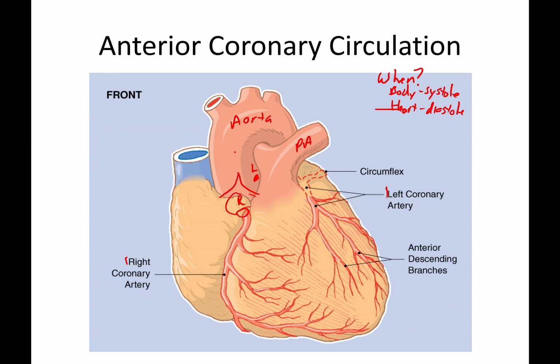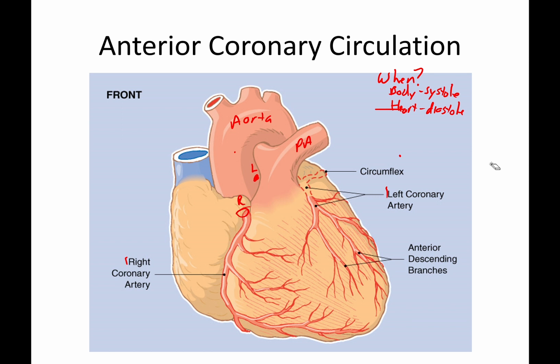Then, when the heart relaxes, diastole, these valves will close, and when they close, that opens things up so that blood can flow into the coronary arteries. So heart contracts, blood to the body. Heart relaxes, valves fall down, blood flows through there.